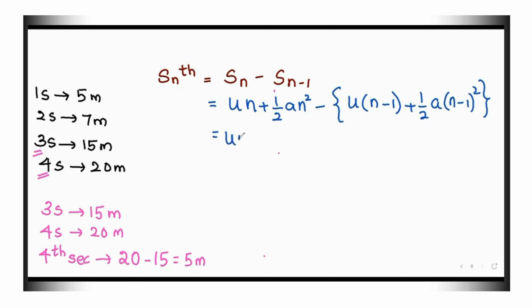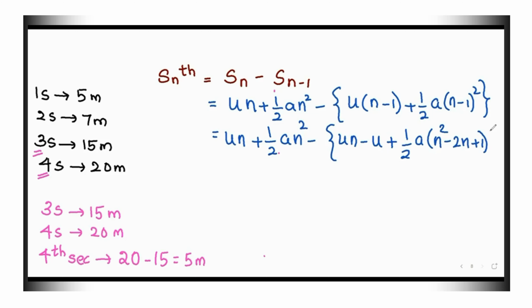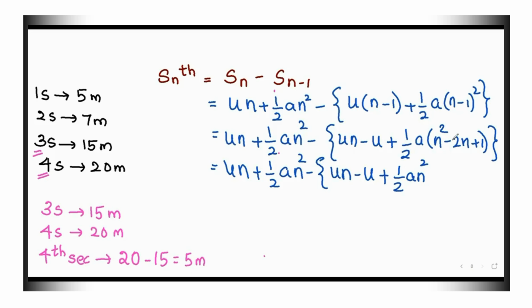This is equal to un plus half an square minus, okay, u into n minus u, plus half into a into n square minus 2n plus 1, expanding a minus b the whole square. So this is un plus half an square minus un minus u plus, expand the bracket, half an square, 2n, and 2 get cancelled, so minus an plus half a.